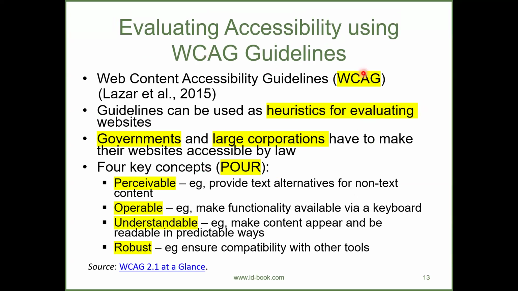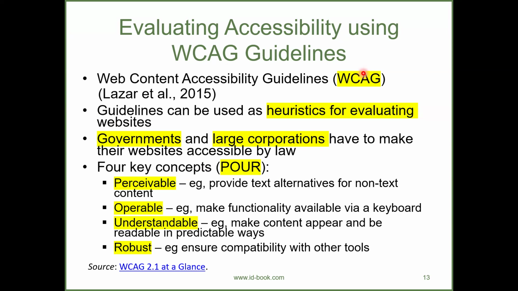Now, talking about evaluating accessibility using the Web Content Accessibility Guidelines, which was given in 2015. Guidelines can be used as heuristics for evaluating websites for governments and large corporations to make their websites accessible by law. Four important concepts they have to consider. What are they? The website should be perceivable.